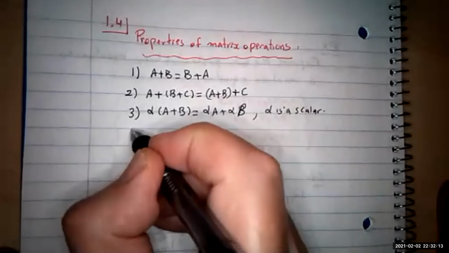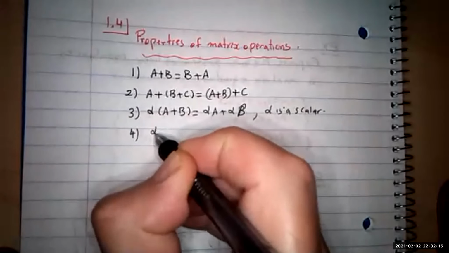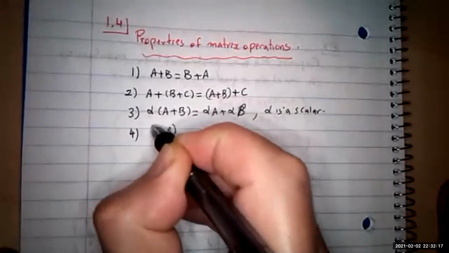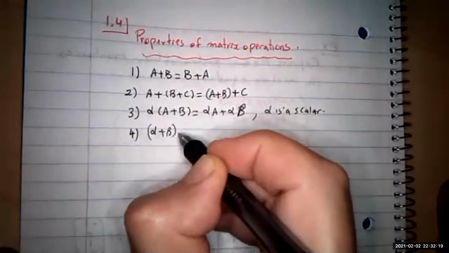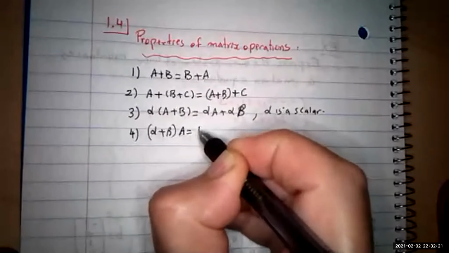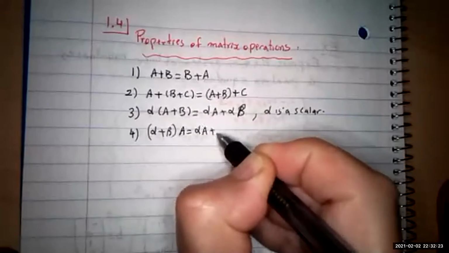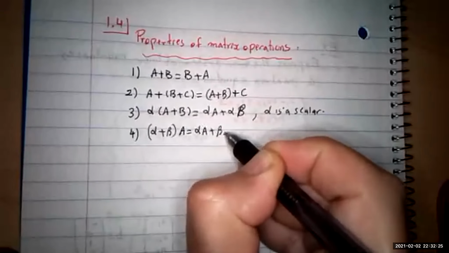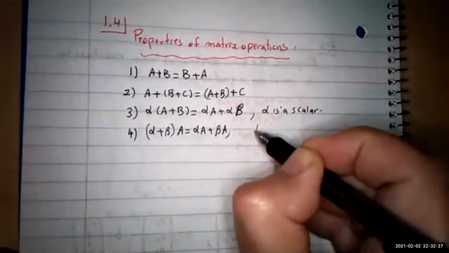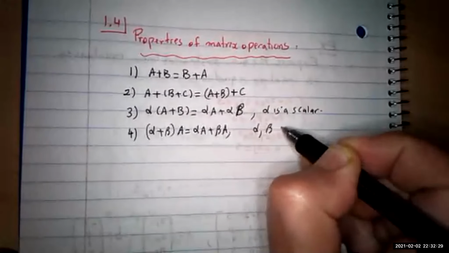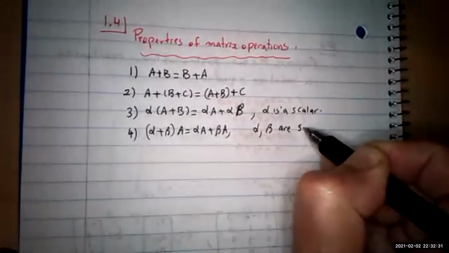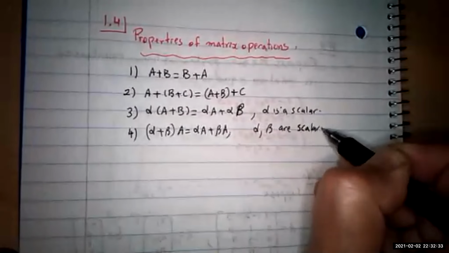And the other part is if you have two numbers, alpha plus beta, and you want to multiply by A, you can multiply alpha A plus beta A. So alpha and beta are scalars, numbers.